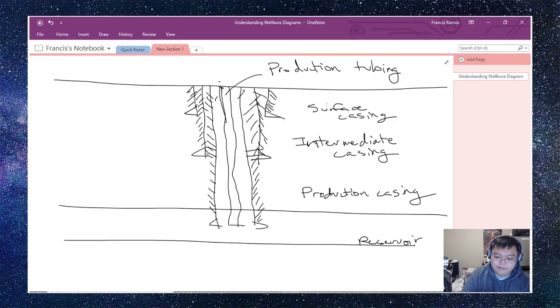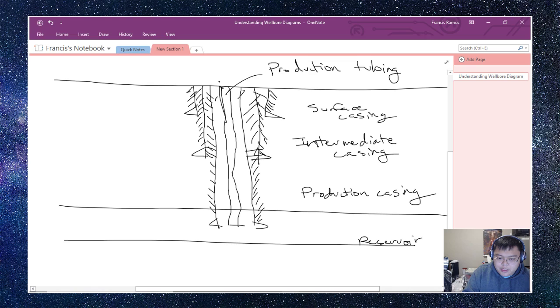And I know that was kind of quick, so I kind of want to go about it in a little bit of depth, because this is your basic wellbore diagram, but it can always be different.